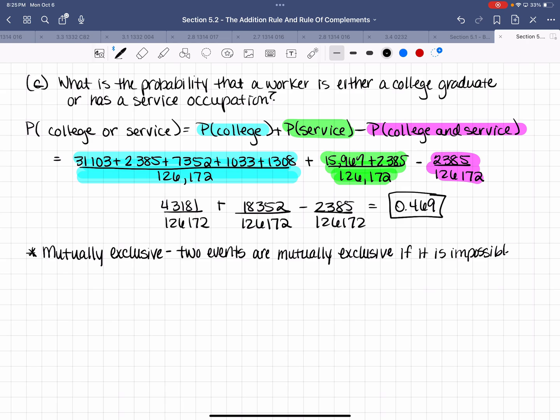Oh my, did somebody fall down? I'll shut the door. Mutually exclusive. Two events are mutually exclusive if it is impossible for both events to occur.